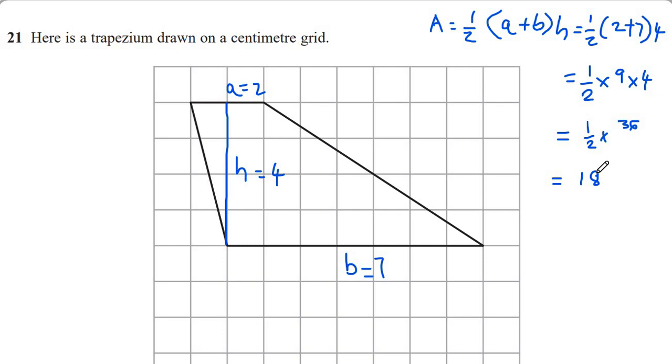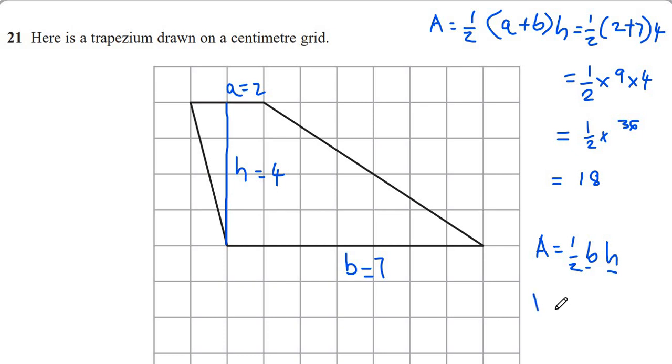Now, if we need to draw a triangle with the same area, so area of the triangle is half base times height. So we need to figure out a base and height of a triangle that will give us an area of 18.